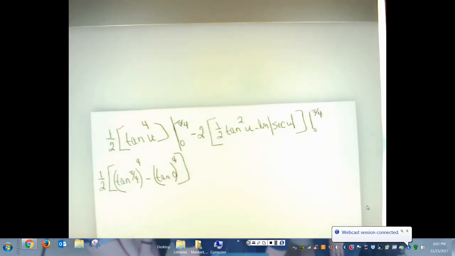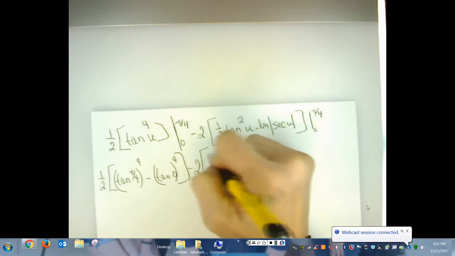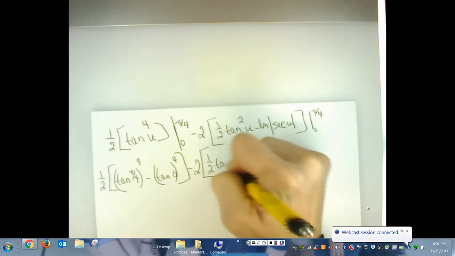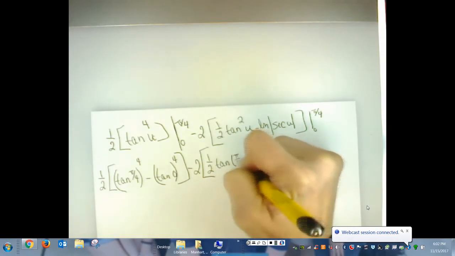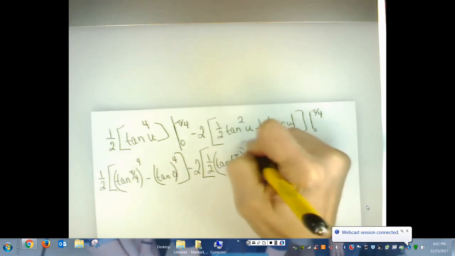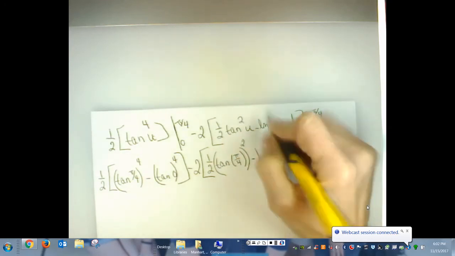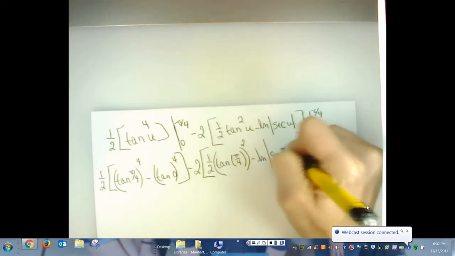So there's the substitution in for pi over 4 and then 0. Minus 2, 1/2 tangent of pi divided by 4, quantity squared, minus the natural log absolute value of secant pi divided by 4.